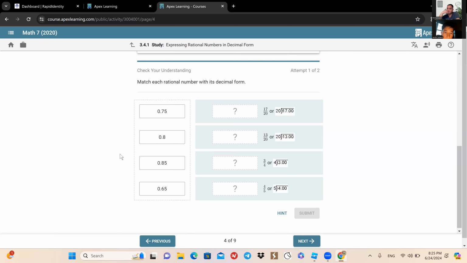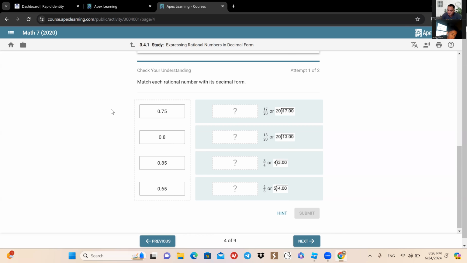This is match each rational number with its decimal form. Okay, this one is 0.75. Do it on a piece of paper or mentally. 0.75, how do we convert this into a fraction? That's going to be 75/100.